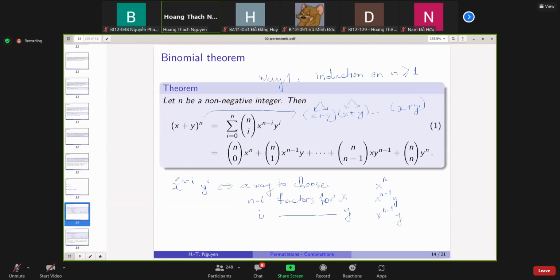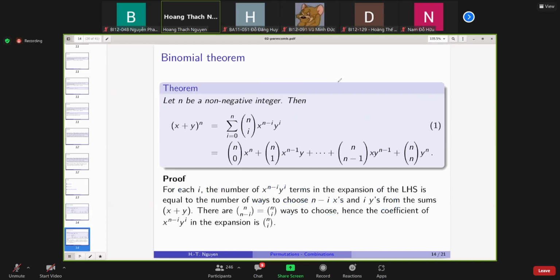So each way gives such a term, and the coefficient corresponds to the number of such terms, in other words, the number of ways to choose n minus i factors from which we take x, and i from which we take y. That leads you to the combination formula.